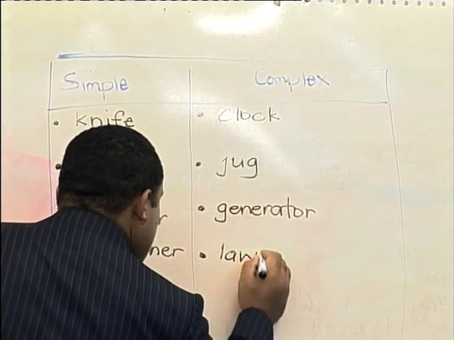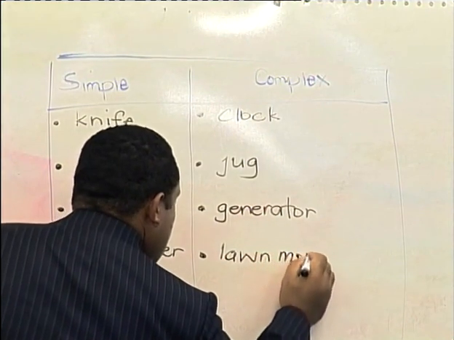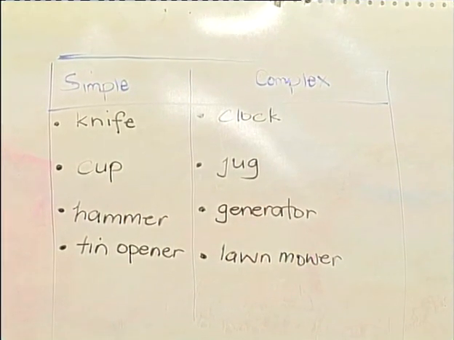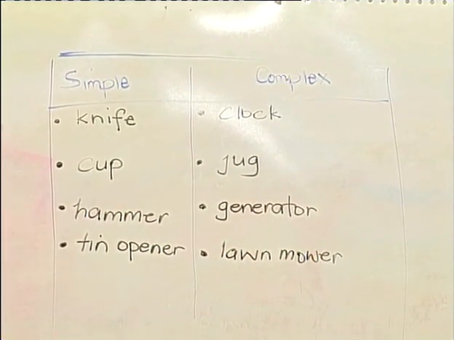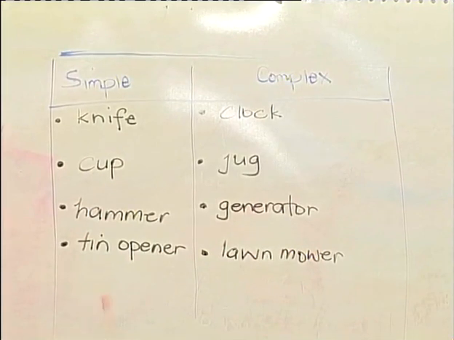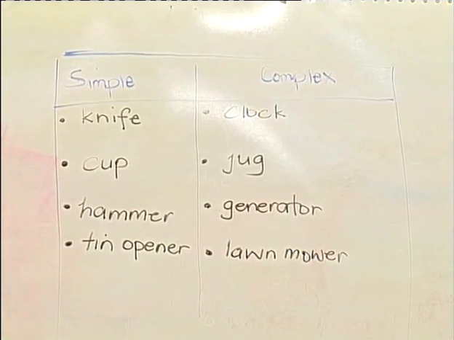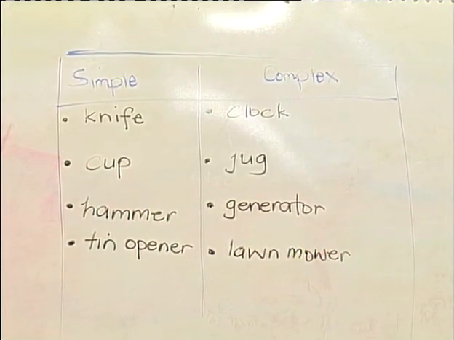Lawnmower, okay, very good. Okay, so receiving students and 6C, these are the answers that we have in the model class. Good. Thank you, 6C, for your answers.